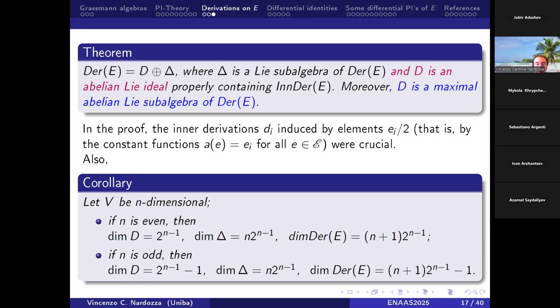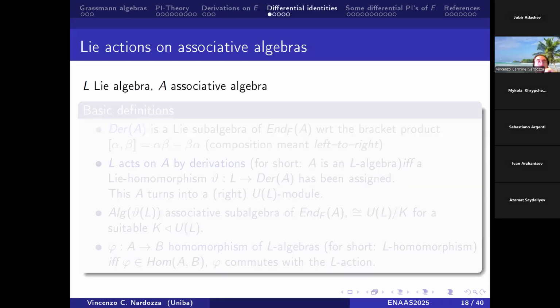The dimensions of D and of delta are different when n is even or odd, and are exactly the following ones. So this is about the derivations of V.